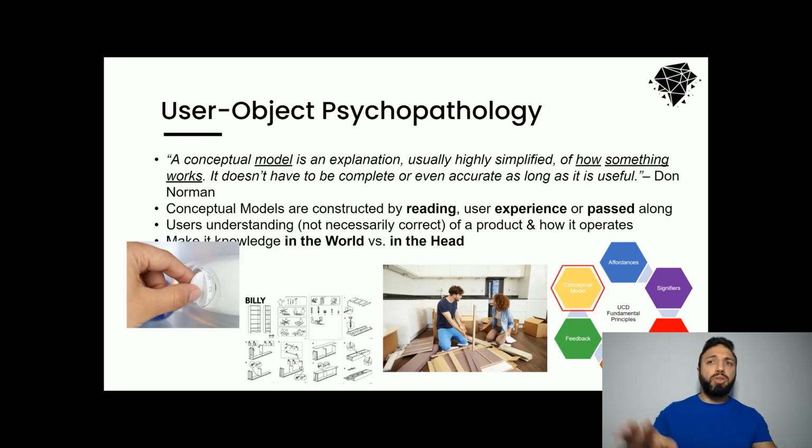So again, the point about conceptual models is you want to make sure that the model in your designer head is easily transferred to the user head. So whatever the user needs to use the product is there for them, either in the manual, or in how you're walking them through the journey of onboarding through the app, for app-based products.